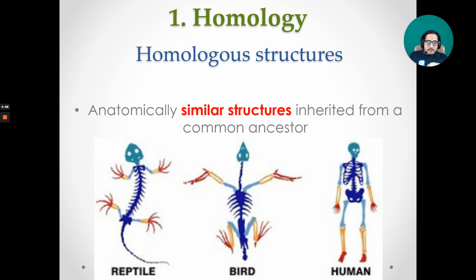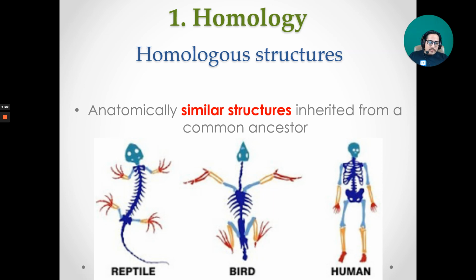Copy that down, please. So homology, or sometimes they call it homologous structures, are anatomically similar structures inherited from a common ancestor. For example, if you were to compare the bones of a reptile, the bones of a bird, and the bones of a human, we all have the same type of structure.